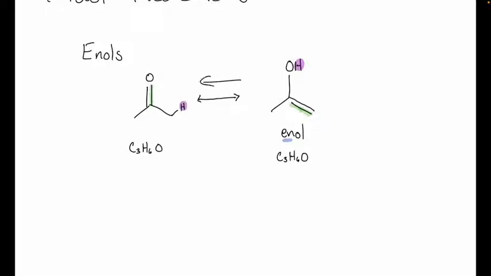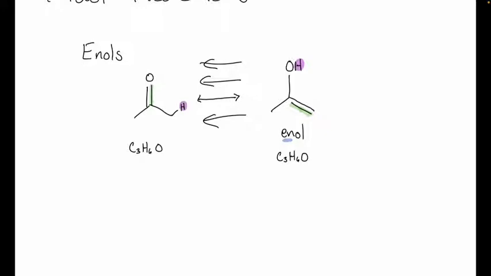This equilibrium very, very, very strongly favors the ketone side. Okay, but it turns out that the enol is still kind of important for the chemistry of these particular molecules. All right, so this is a phenomenon that's seen a lot in chemistry where, yeah, totally the dominant species, if you have a solution of acetone, which would be this molecule here, 99.99999% of it is in that ketone form, right?